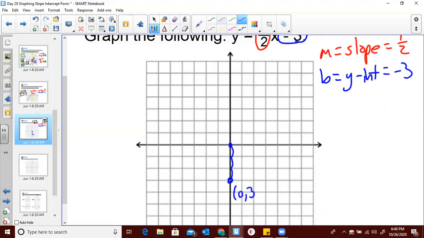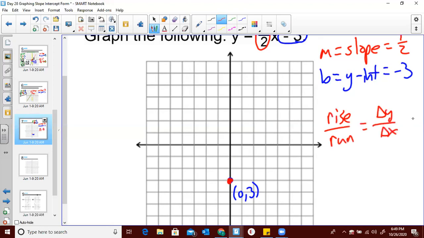Well, now we want to start. Let me get rid of this. So we know that this point is definitely on our line. So now I want to start at this point, and I want to figure out my slope. Remember, your slope is going to be rise over run, which is your change in y over change in x.